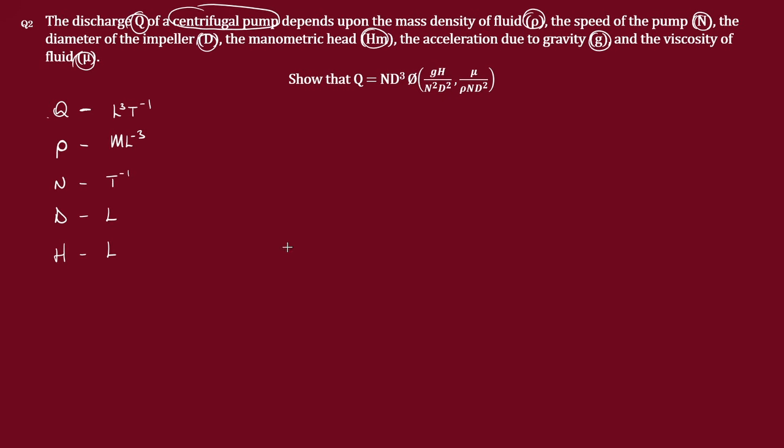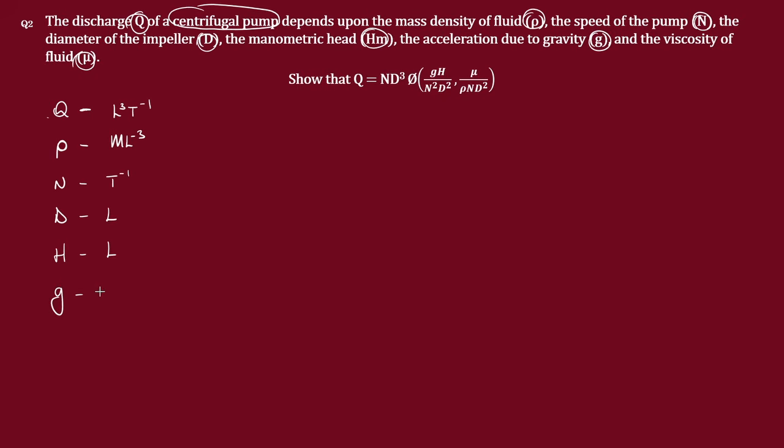Okay, so head is always going to have, in fluid mechanics, dimensions L. So manometric head is a type of head you encounter usually when dealing with fluid mechanics and centrifugal pumps too, and it's the work done to raise a fluid segment, okay? Work done by the pressure. It's going to have dimensions L.